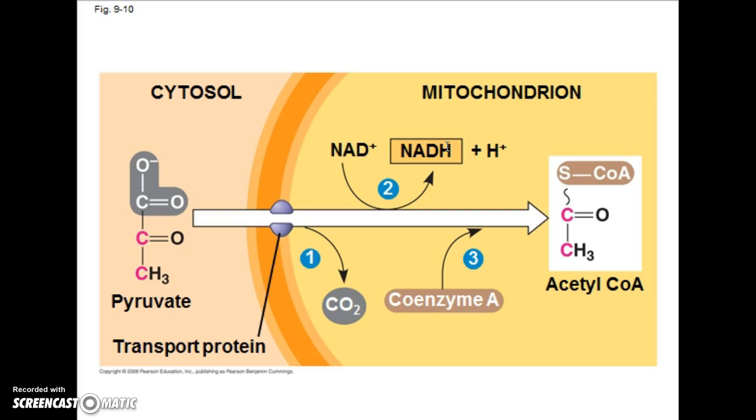This is followed by the attachment of a sulfur compound, forming acetyl-CoA. We have coenzyme here, and now we have our sulfur compound, so it is now acetyl-CoA. Acetyl-CoA is now ready to enter the citric acid cycle, or as you may know, the Krebs cycle.